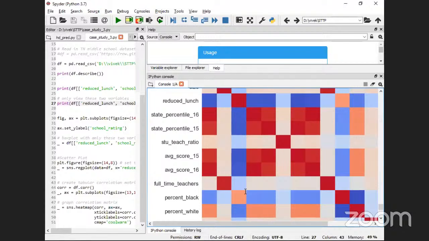Shally found some statistical proof that whenever there is an increase in reduced lunch, the school rating decreases, and whenever the school rating increases, there is a decrease in reduced lunch. This is how you can perform your analysis statistically with sample data, and the same results can be applied to a large population.